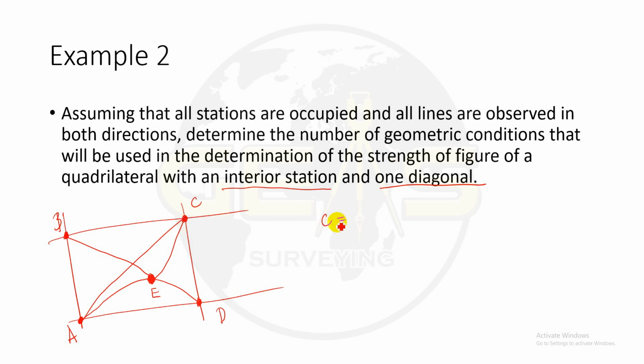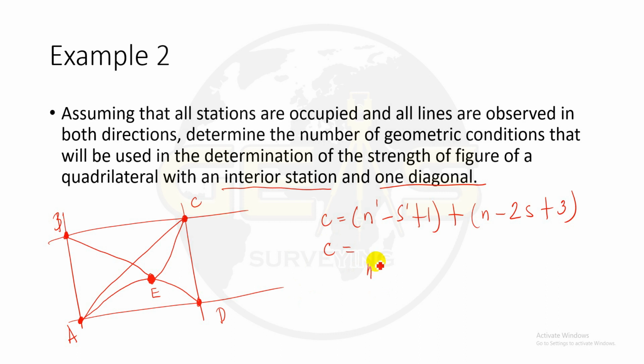So the formula, C is equal to n prime minus s prime plus 1 plus n minus 2s plus 3. Okay. C is equal to n prime is the number of lines observed in both directions.